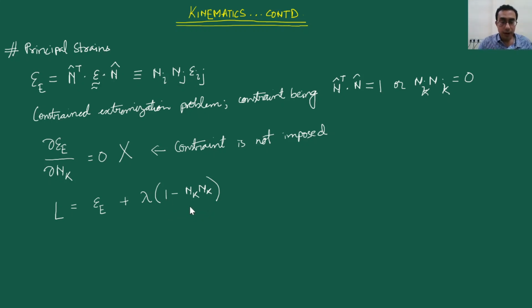Okay, now this is the original engineering strain, and this is my constraint. What is this lambda? I'm sure many of you will recognize that this is nothing but the Lagrange multiplier. This kind of a multiplier is used to set up our constrained extremization problem. So this is the thing that I want to extremize now. It cannot be just this thing, because I have to satisfy this constraint also.